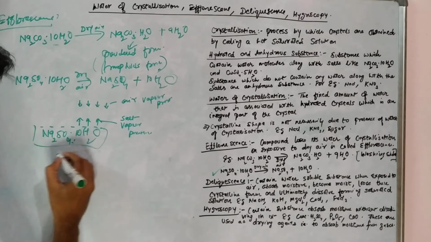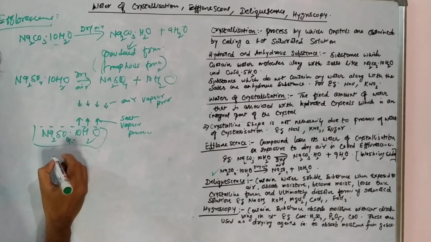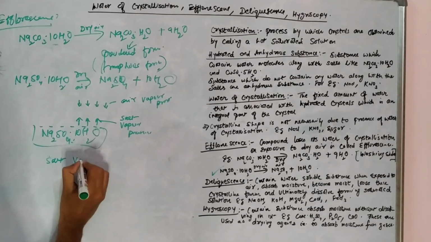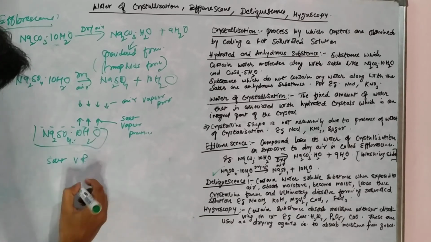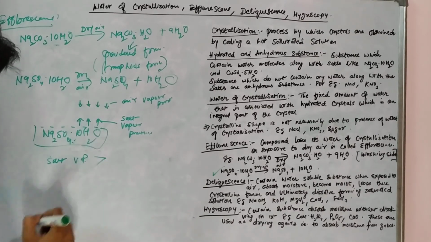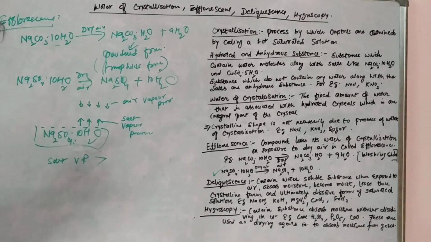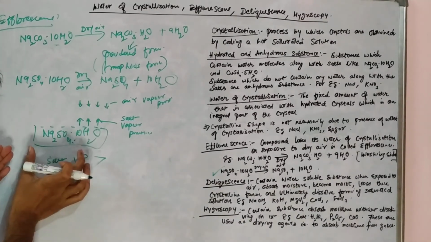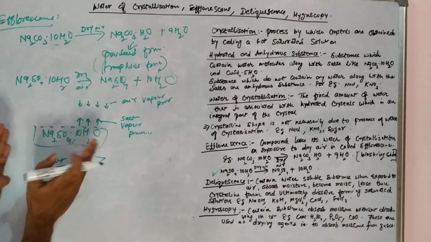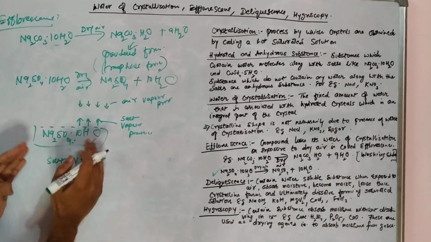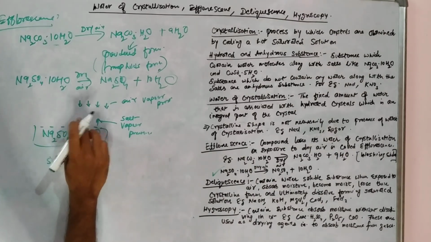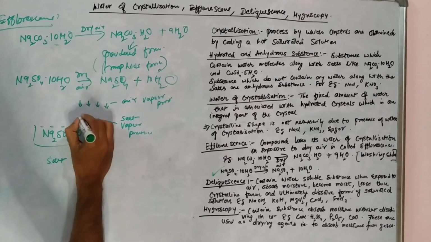So we write salt vapor pressure, right, should be greater than air vapor pressure, because you can just imagine or think in your brain, when the vapor pressure due to this salt is more. I'll just make big arrows to show you this.